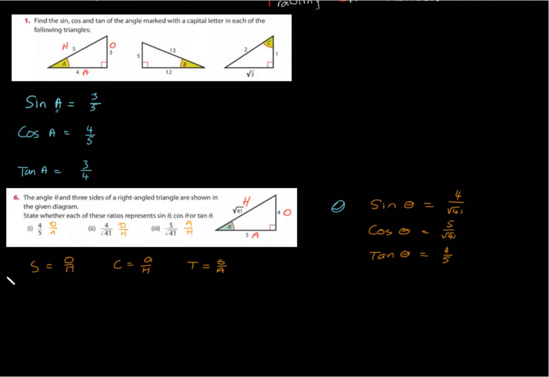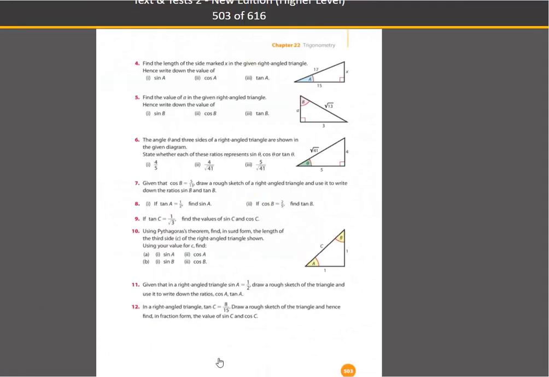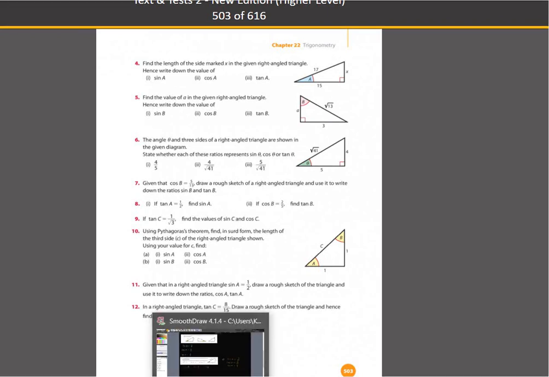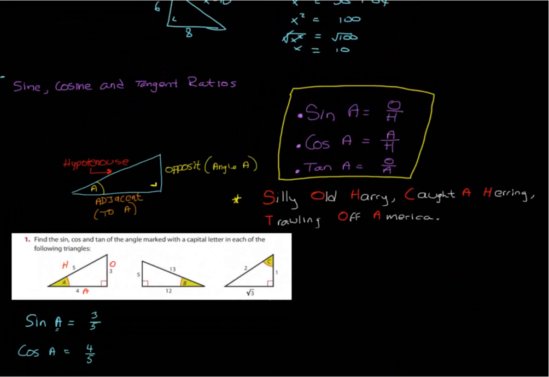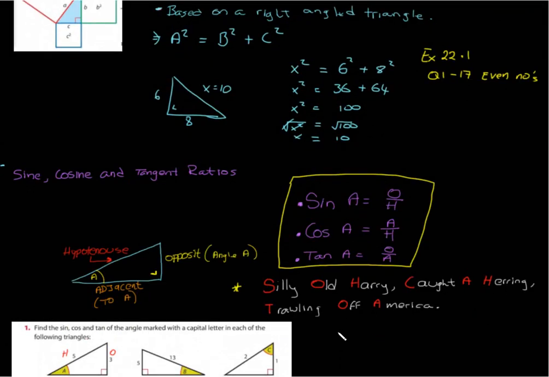So all of these exercises here, if we look back to our copybook, from 1 to 12, are just getting you comfortable with working with your three trig ratios, labeling in which is which, sine, cos, or tan, identifying and pulling off measurements and numbers from various different triangles to suit those three trig ratios. All harping back to our rhyme, silly old Harry caught a herring trawling off America.